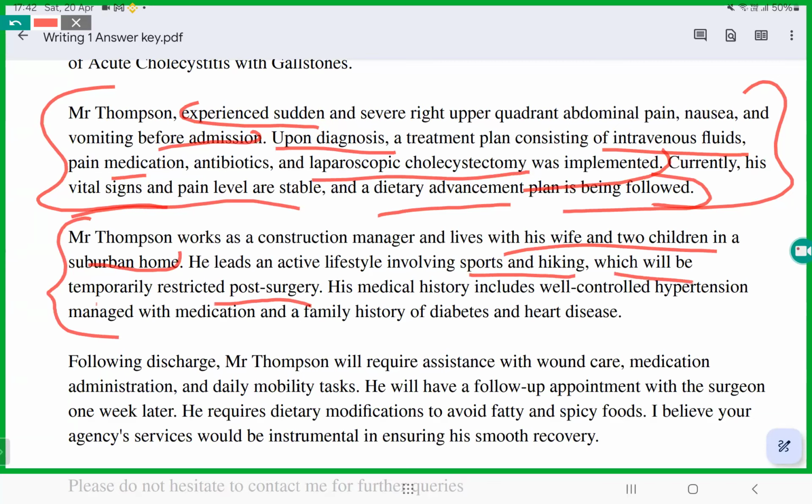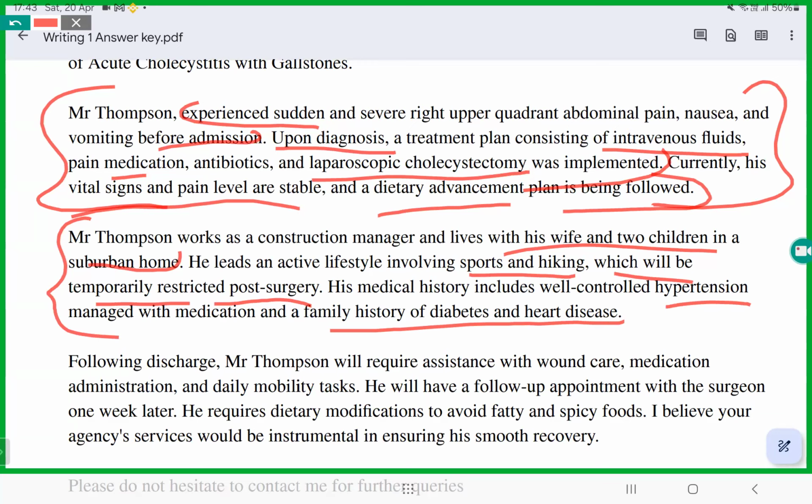His medical history included well-controlled hypertension, managed with medication, and a family history of diabetes and heart disease. Regarding the hypertension medication, we need to write that. That also we have included in this second paragraph.